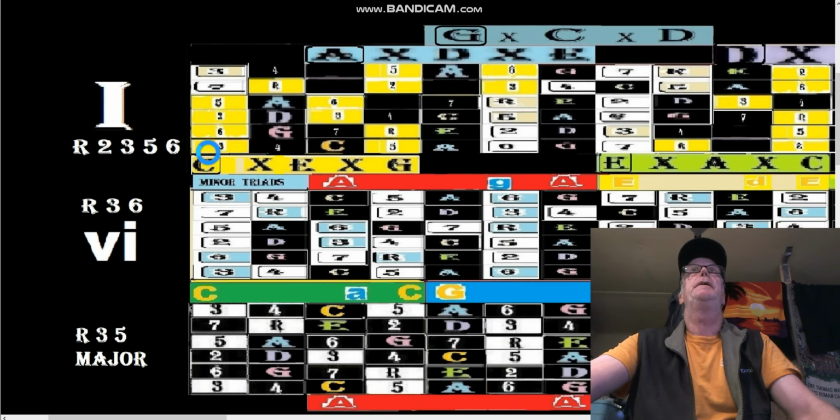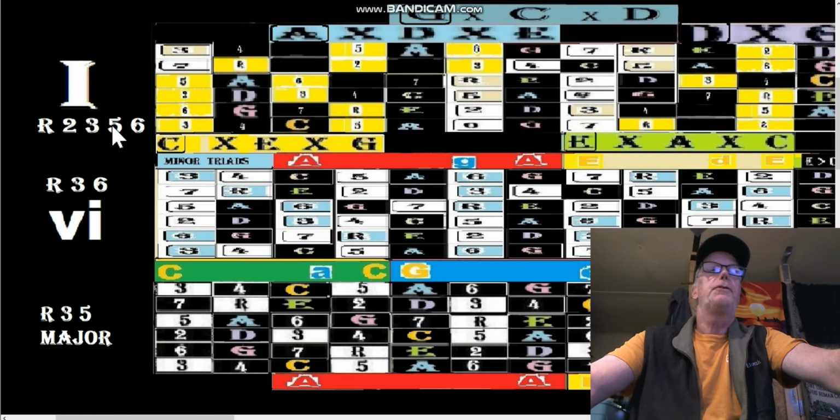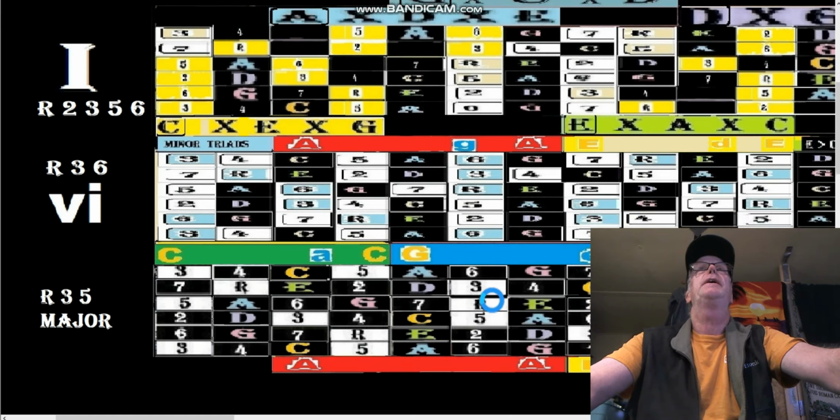Let's zoom in. I've written out the pentatonic scale here. This is the minor, and this is the major. Okay, and this is in the root key. This is 1. 1 is the root key. Now look how it changes.